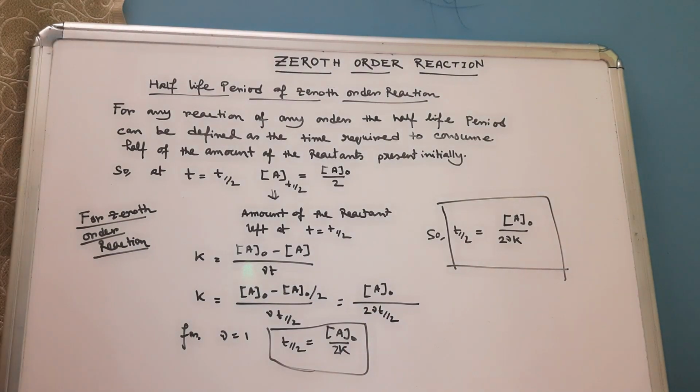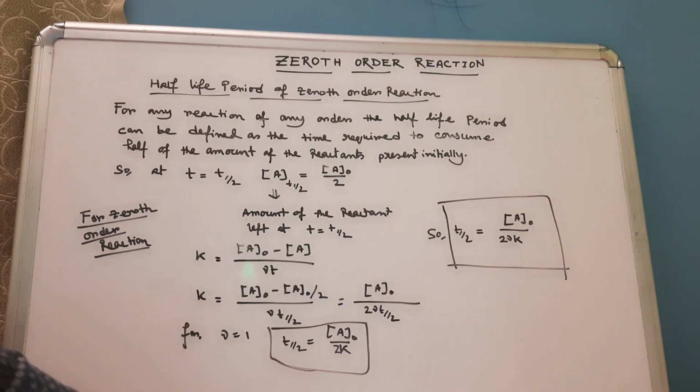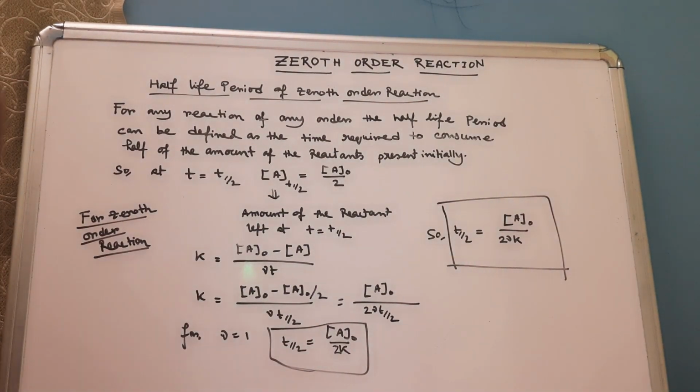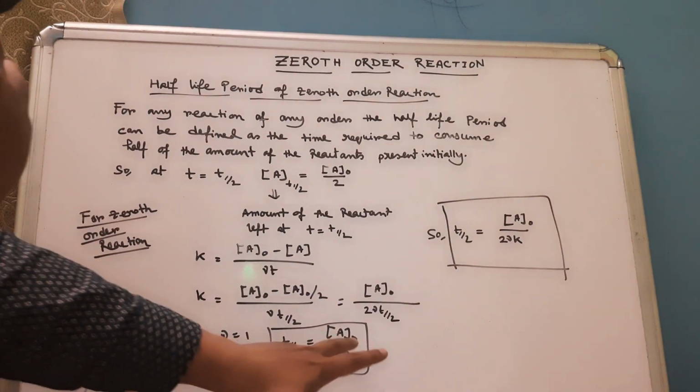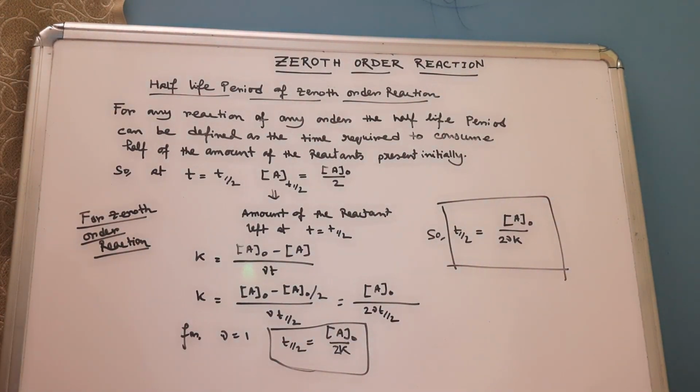Look at the interesting thing: the rate of the zeroth order reaction doesn't depend on the concentration of the reactant, but its half-life period depends on the concentration of the initial amount of the reactant.